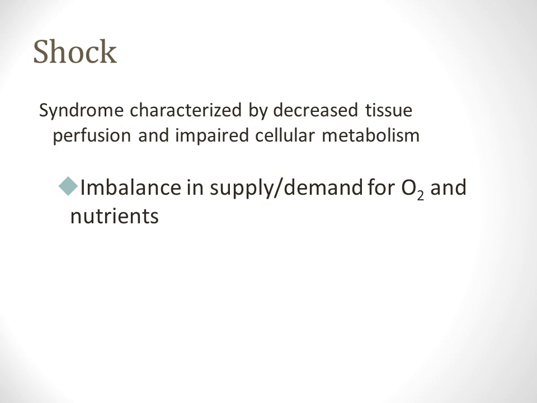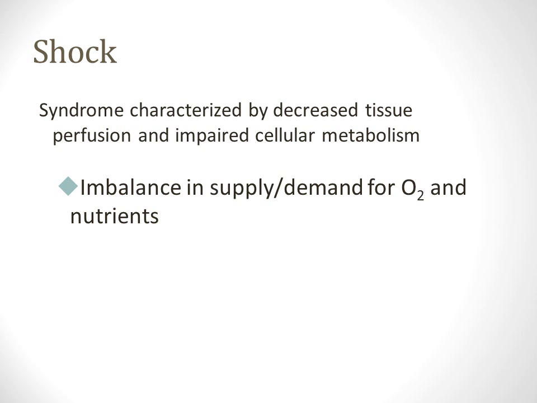Okay, I want to spend a second here and talk about the pathophysiology of shock. In all types of shock, the cells lack adequate supply of blood. They don't have enough blood to supply the amount of oxygen that they need. So, I'm going to say that again.